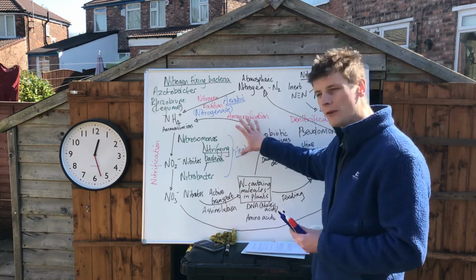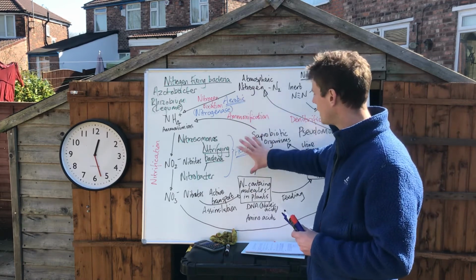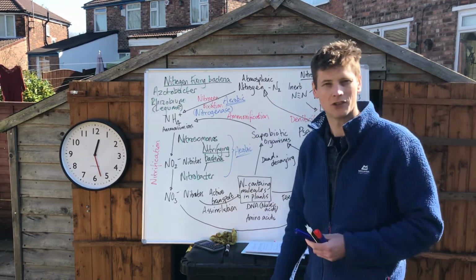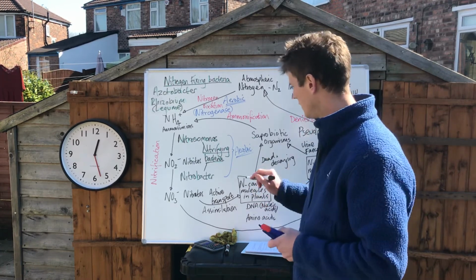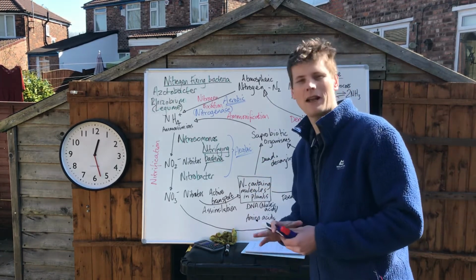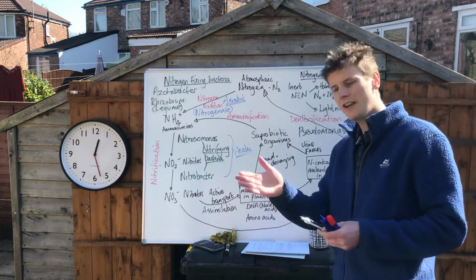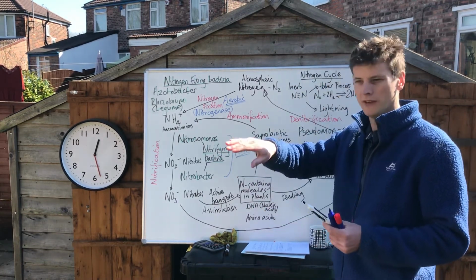Okay. So, how do farmers create those aerobic conditions in their soil? The first thing that they do is ploughing. Okay, so ploughing involves turning the soil over.